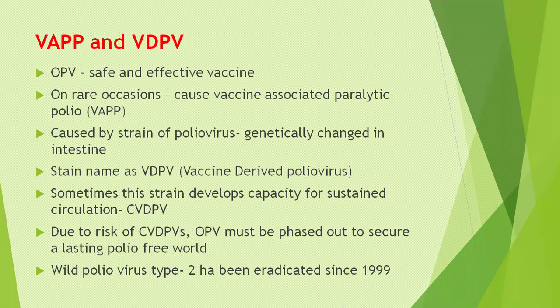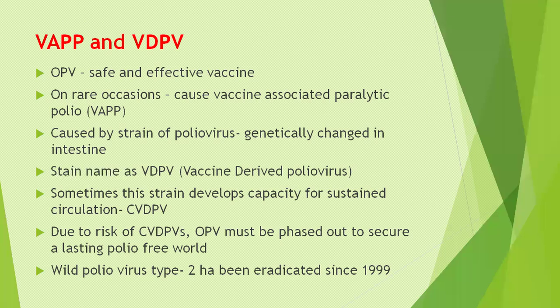So in the OPV we use the original vaccine. In the intestine, the original vaccine undergoes genetic modification, and because of that genetic modification, a new strain will be developed. This strain is named VDPV, which means vaccine derived poliovirus.